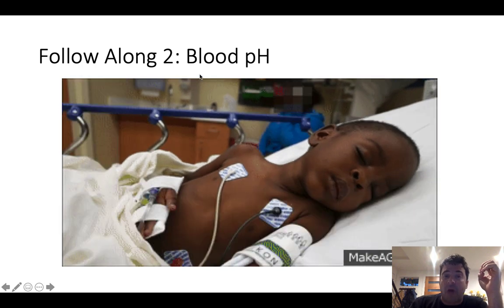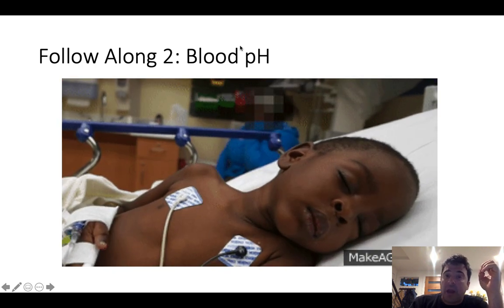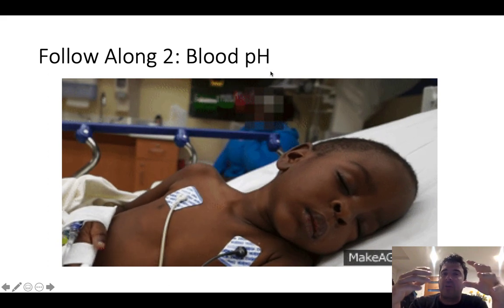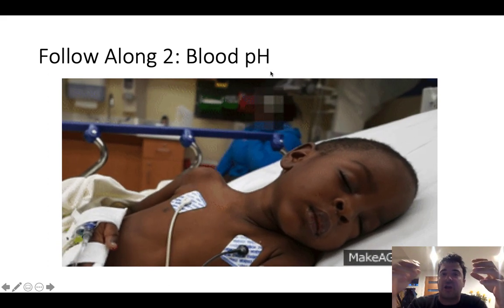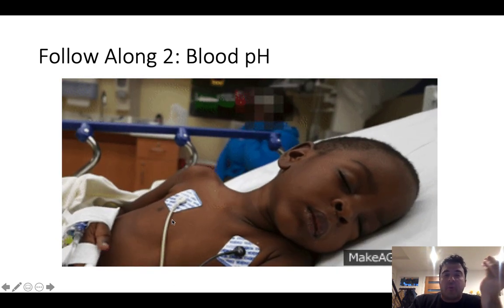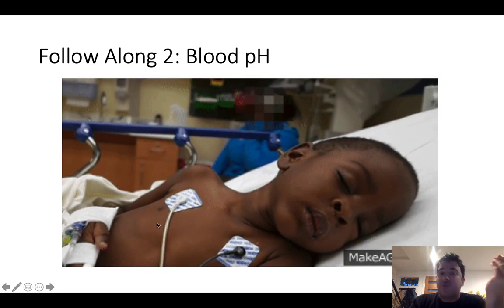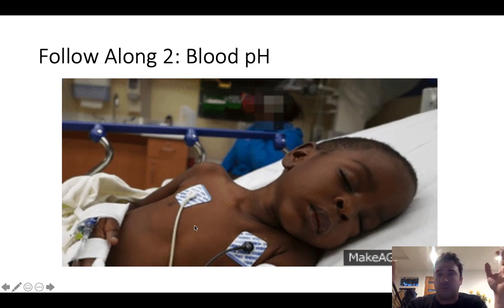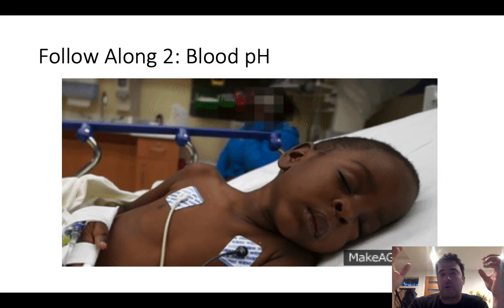So when we think about blood pH, pH means power or potential of hydrogen. What we're talking about are freely floating hydrogen ions, but even though they're tiny little ions, when there are tons of them around, they can have profound influences on entire systems. It's so important.